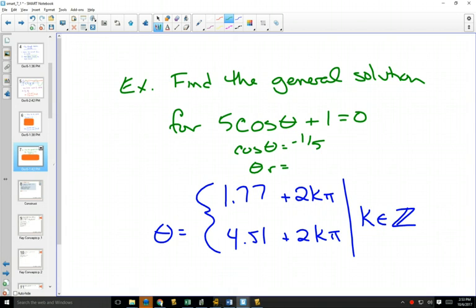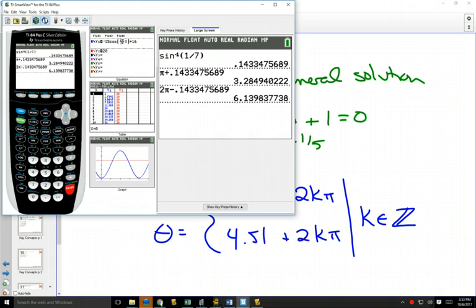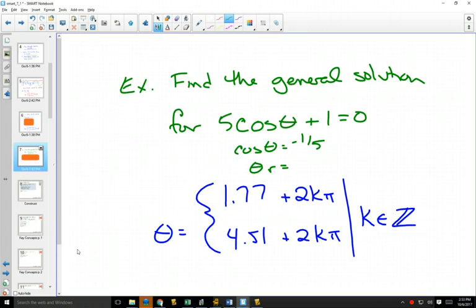Our reference angle would have been, go to your calculator, inverse cos of positive 1/5. Get a reference angle of 1.37. And then using that reference angle, cos is negative in quadrant 2 and quadrant 3. In quadrant 2, you'd have got 1.77. Quadrant 3, you would have got 4.51. Add the 2k pi, and you have your answers.